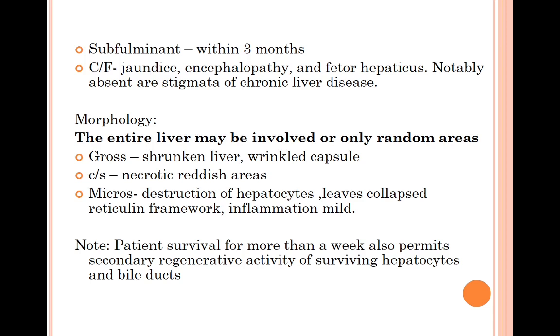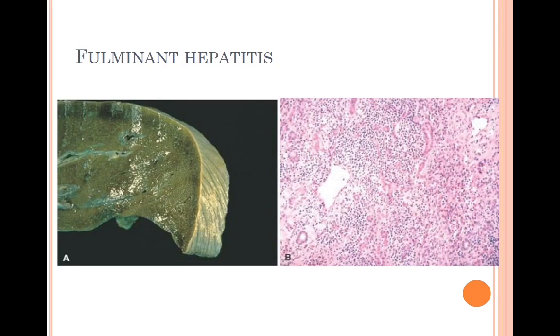In subfulminant hepatitis, you still have the time to try to make the patient survive for at least 1 week to 10 days so that his own liver regenerates. So in subfulminant hepatitis you can still bring the patient back, but in fulminant hepatitis it is extremely lethal.